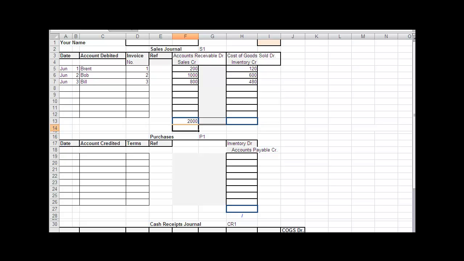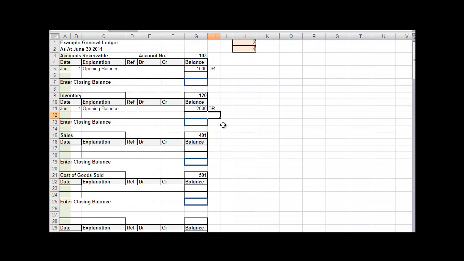So we go to the General Ledger, and accounts receivable will be a debit of $2,000, June 30. The explanation, sales for June, though we don't really need an explanation because the next bit will tell us, S1.